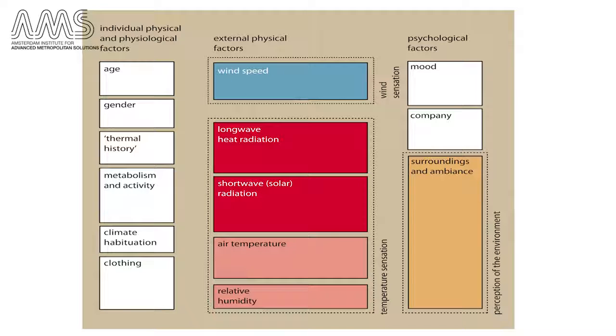But also the ambience of the space that you are in has an influence on how you experience temperature. And this ambience can also be manipulated through the design of the urban space that you're in. I will show you in the following which types of design interventions are apt to change temperature-related factors, wind and ambience.